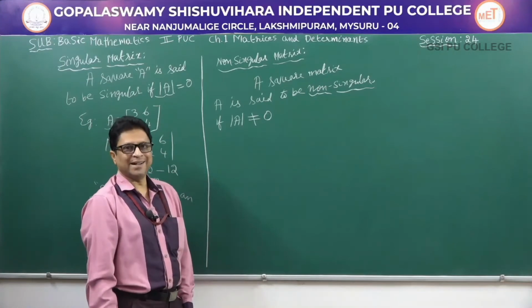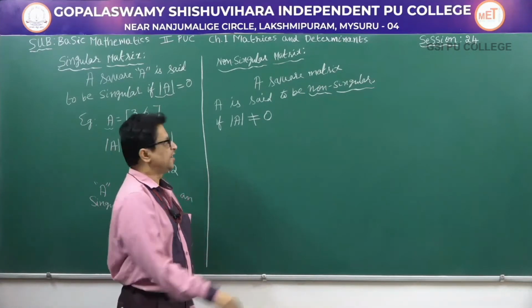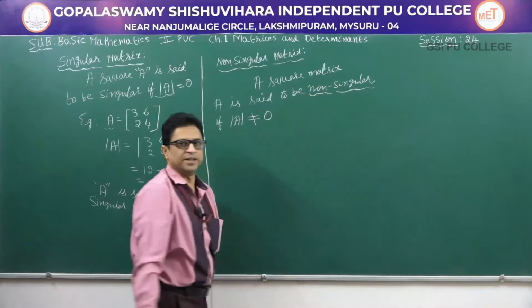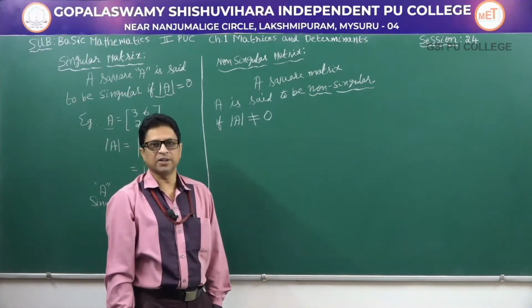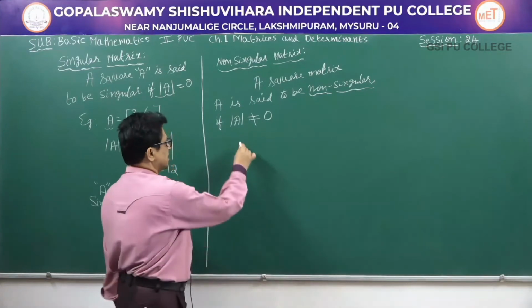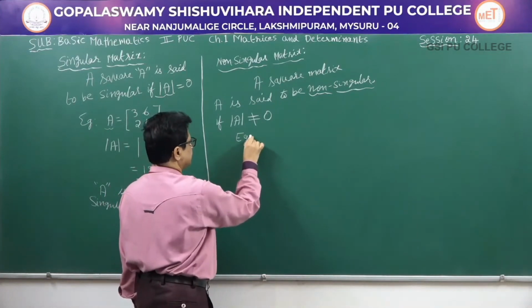That is, a matrix A is said to be non-singular if the determinant of the given matrix is not equal to 0. Let us consider an example.